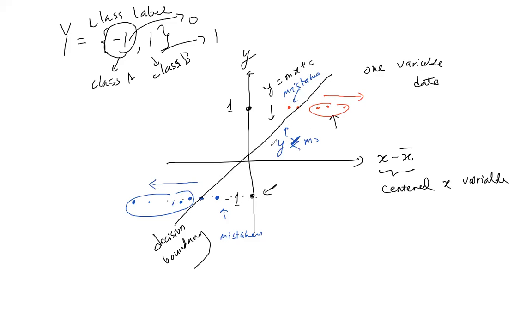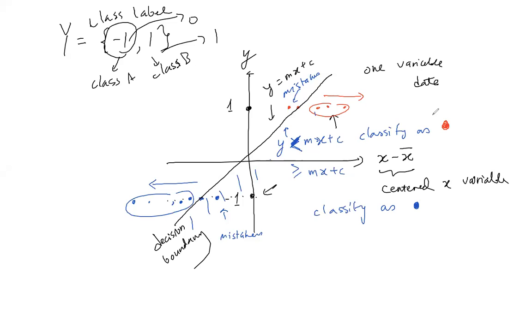So anything below this line, anything with y less than mx plus c, we classify as red, all right? And anything more than or equal to, you can basically set it to equal, we classify as blue. All right, for a two-class classification problem.